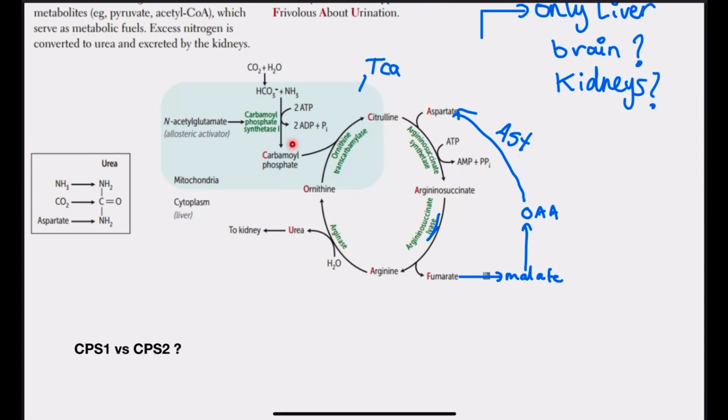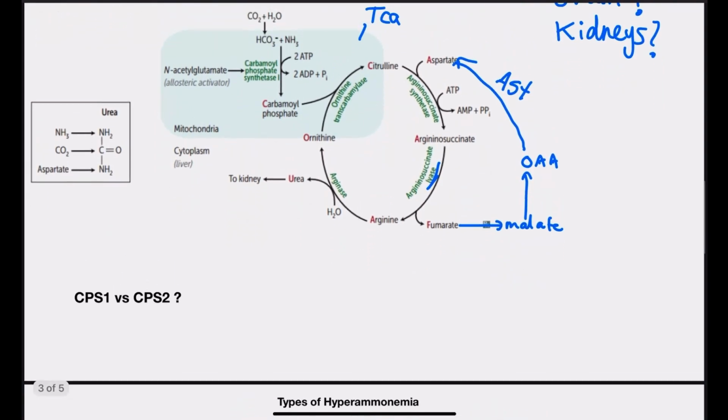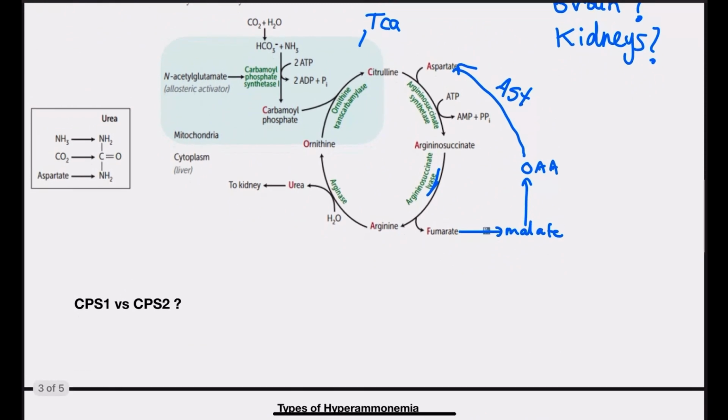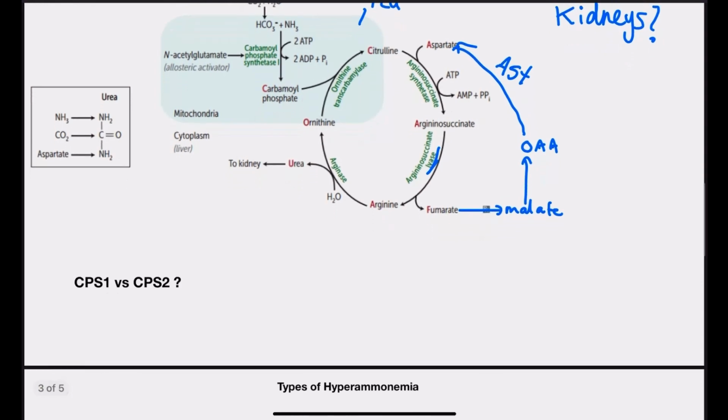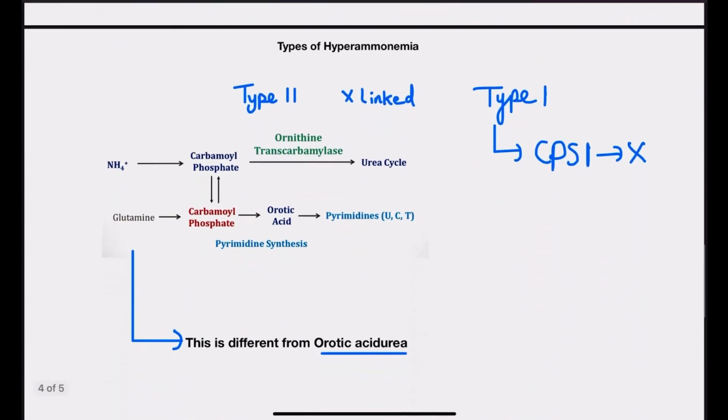So we form carbamoyl phosphate, which can then continue into the pyrimidine synthesis pathway, and some abnormalities I'm going to discuss right now. So they both share common characteristics: it's an intermediate in the pyrimidine synthesis pathway.